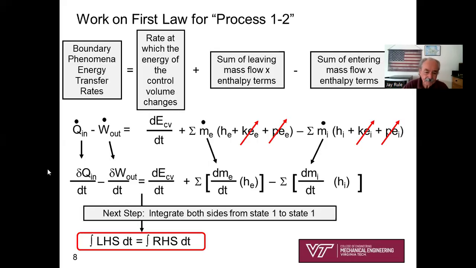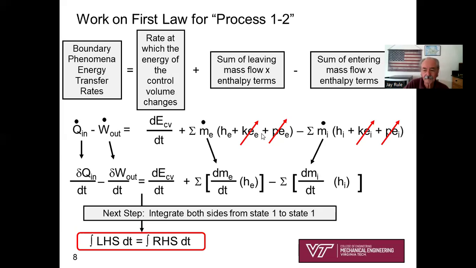So I just repeated that on the next slide. Let's work on the first law, see if we can derive the first law for process 1 to 2 for that open system, piston and cylinder. All right, so I'm going to write down what we had. Q dot minus W dot equals dE/dt.